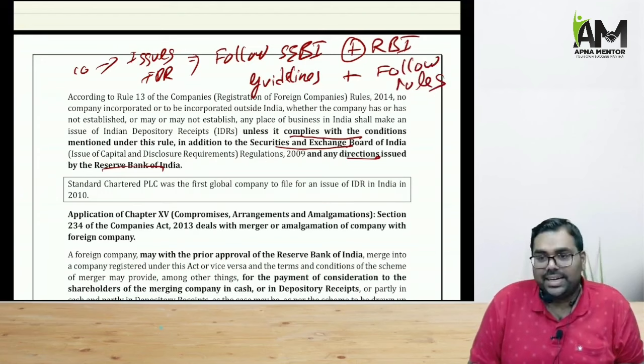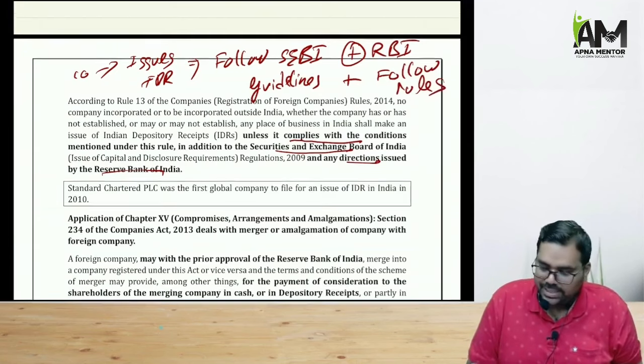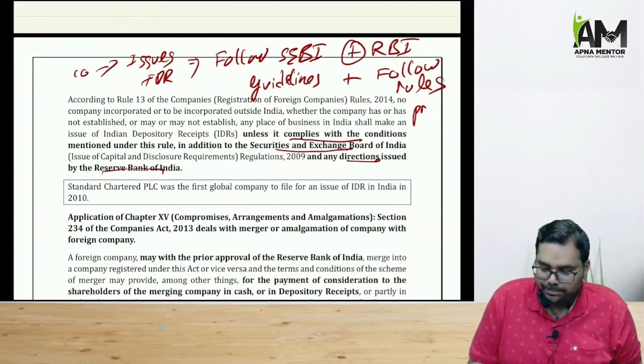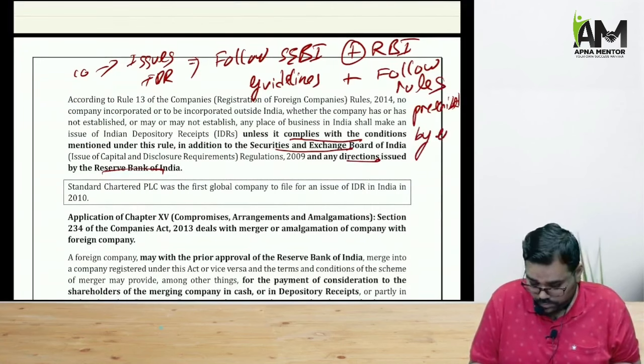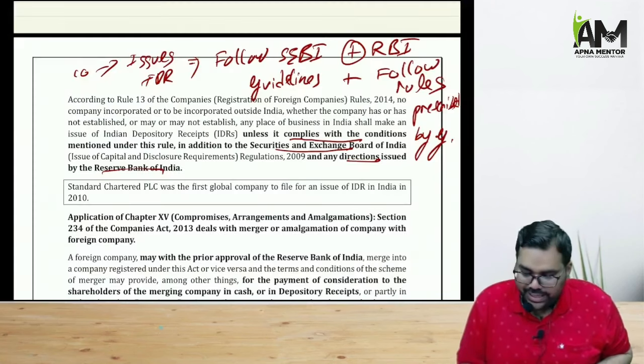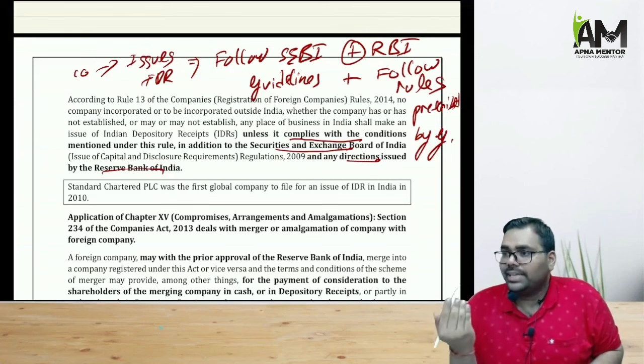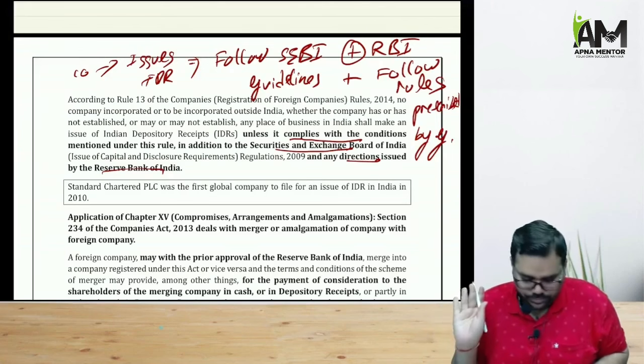Whenever the company issues IDR in India, they need to follow SEBI guidelines, they need to follow RBI guidelines, and they need to follow the rules prescribed by the CG.